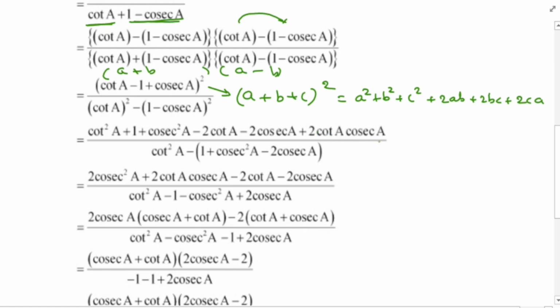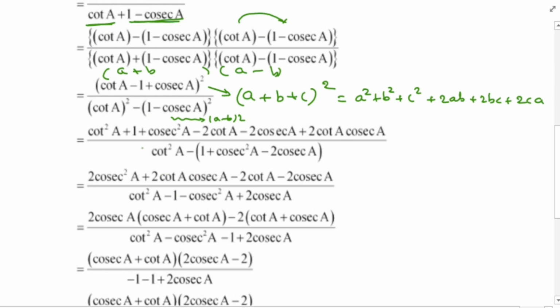2 cot A cosecant A, divided by cot square A minus. So here apply the A minus B whole square identity. We will get A square plus B square minus 2AB.